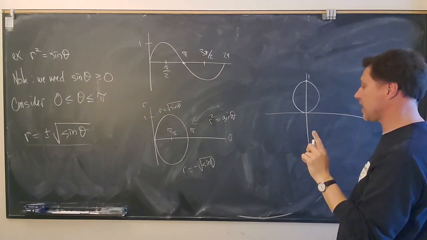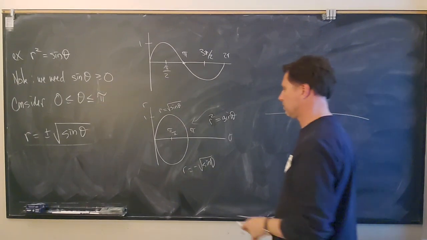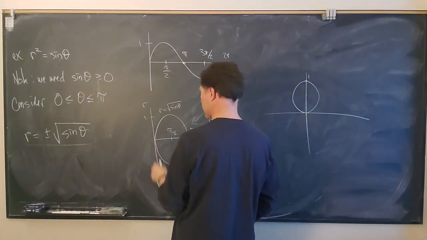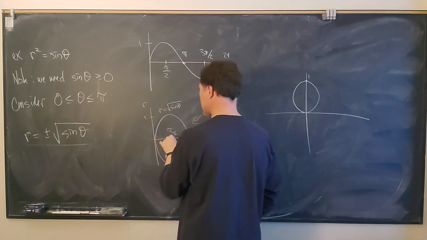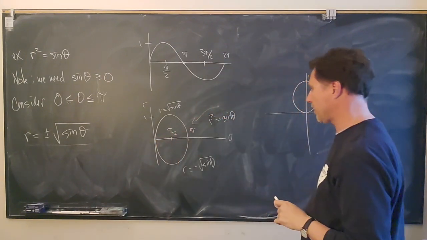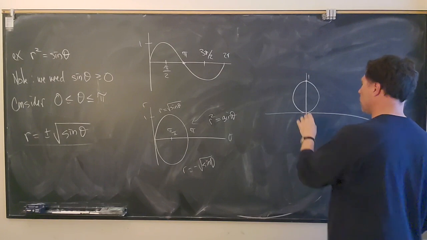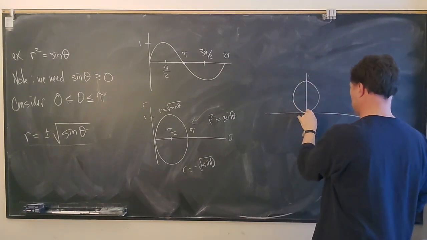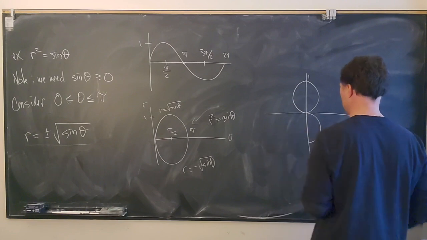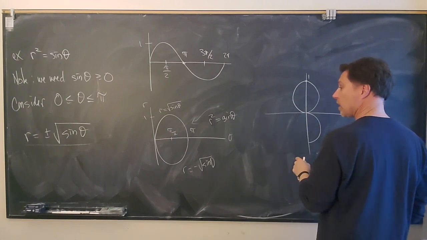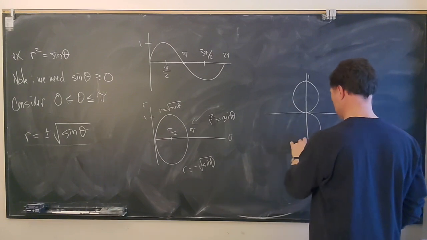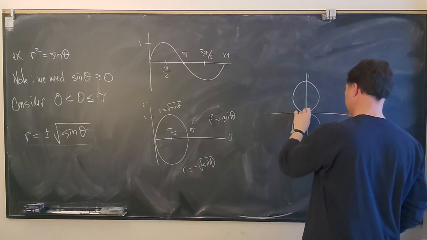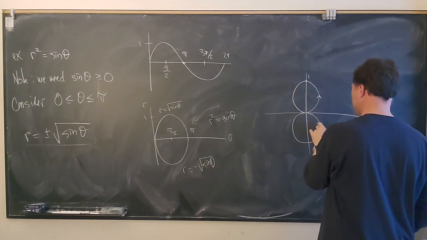At the same time, looking at the negative portion, as we go from 0 to pi over 2, we have a radius that's going from 0 to -1. And then from -1 back down to 0.